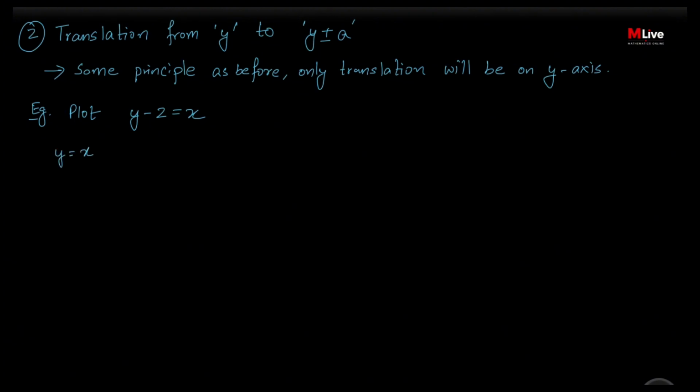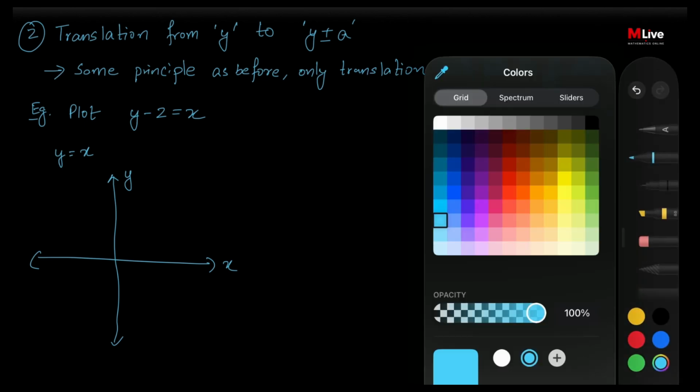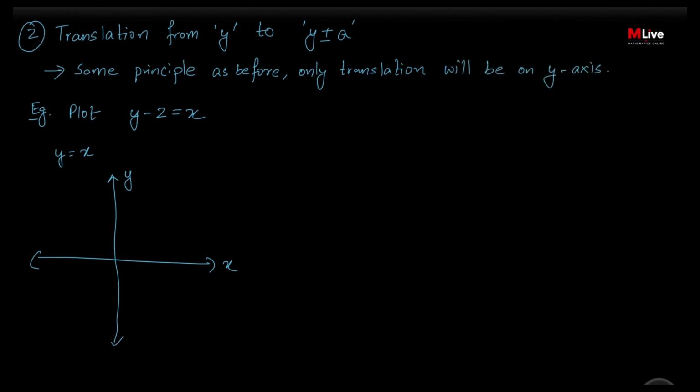Now for y minus 2 equal to x, what do we need to focus on? We have to start with y equal to x. So let's plot that quickly, and let's look at the equation y minus 2 equal to x. Instead of y minus 2, you can think of it as capital Y equal to x.